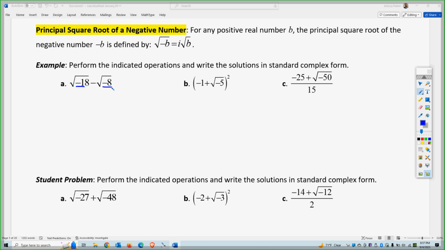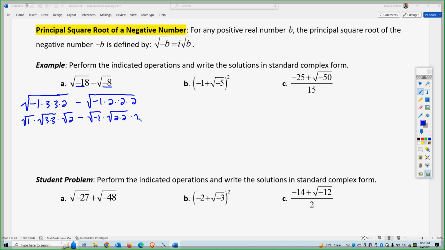So if I break this down, right, this is -1 times 3 times 3 times 2. And the 8 is -1 times 2 times 2 times 2. Okay, so if I break this out, I'm going to get the square root of -1 times the square root of 3 times 3 times the square root of 2, minus the square root of -1 times the square root of 2 times 2 times the square root of 2.